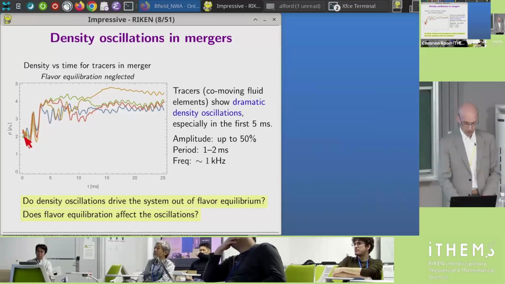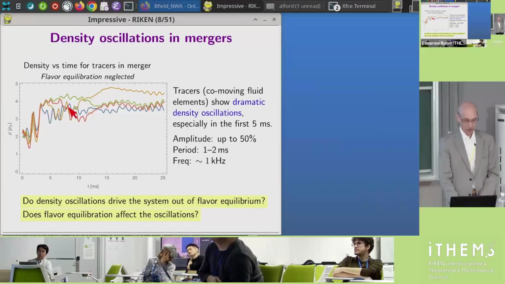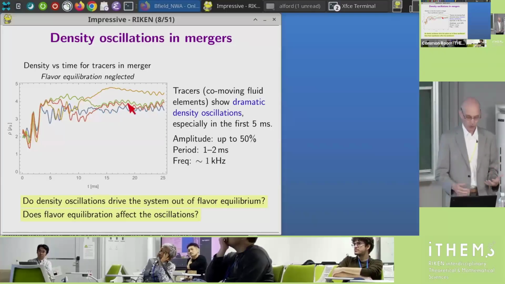And what do they experience? Well, you see they experience these very strong density oscillations. In the first few milliseconds, it's definitely not linear response, right? It's amplitude fluctuations of 50% or more. Then after a while, it settles down to more moderate density oscillations. The key points here are, firstly, there are density oscillations, so it's worthwhile talking about what sort of out of equilibrium phenomena might be created by those.